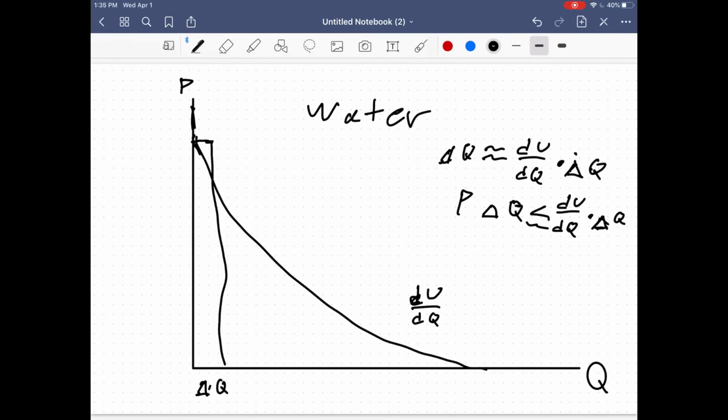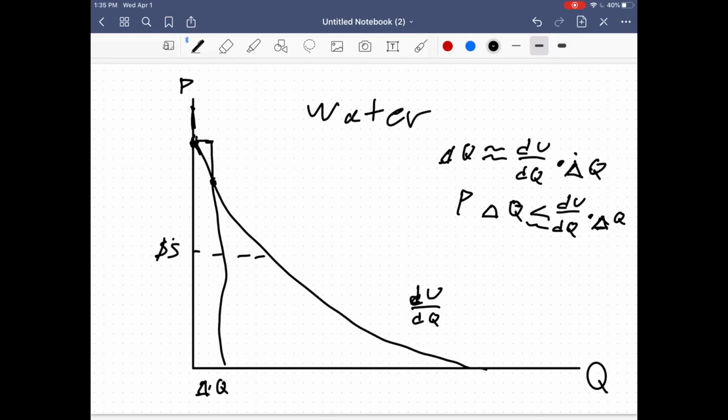So for example, if you're up here and the price is, let's say, maybe $5 a gallon, should you then buy an extra very small amount of water? If you're up here where you currently don't have any water, then the answer is yes, you should buy some more water, because if you buy more water up to here, then you will get more utility than you will lose.